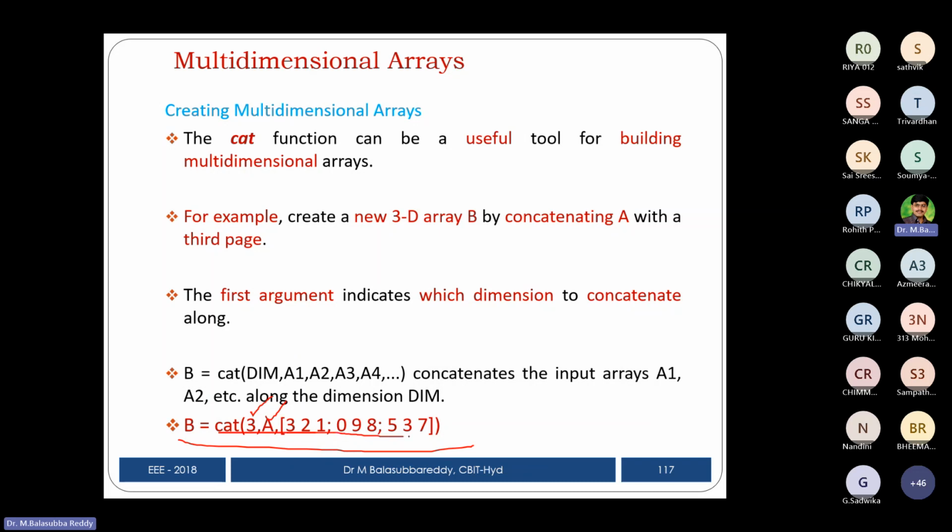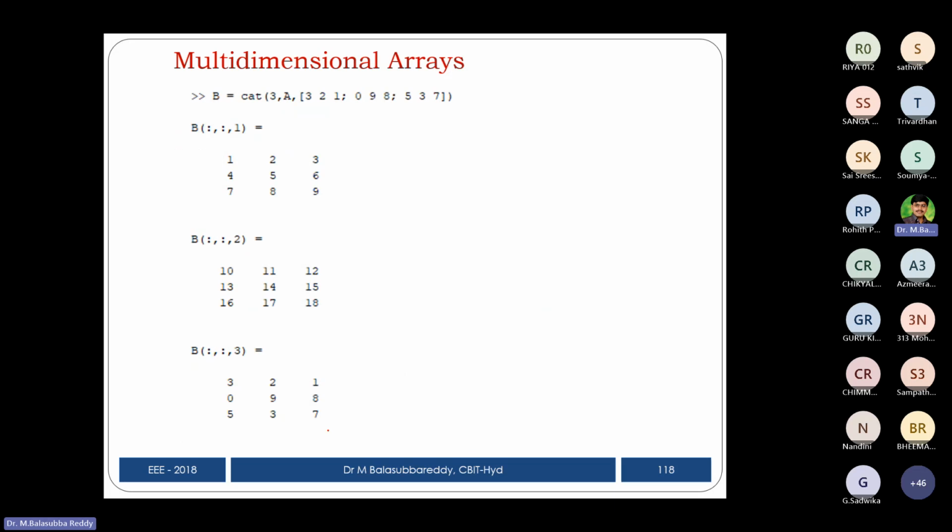So A already consists of two pages. Now we are going to add the third page to B as well. For that reason, the third page information is given as 3 2 1 and 0 9 8 5 3 7 is the third page information. And if I type that, you will get the result. You can see in B, whatever value is available in A, that completely will transfer to B, up to two pages only available there.